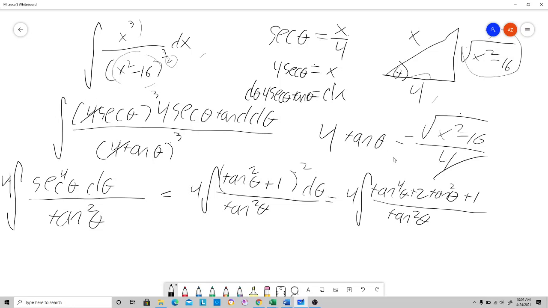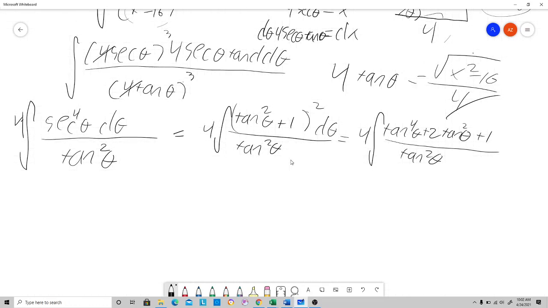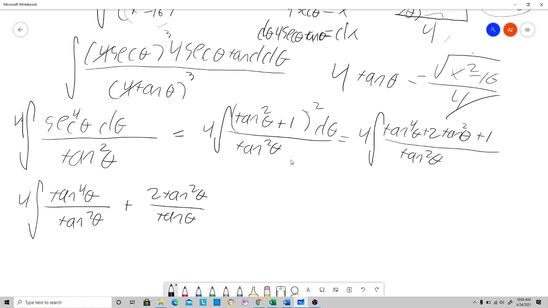Rewriting this in a more simplified form, I have tangent to the 4th theta over tangent squared theta, plus 2 tangent squared theta over tangent squared theta, plus 1 over tangent squared theta, d theta.